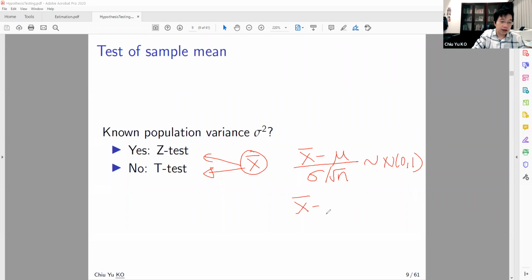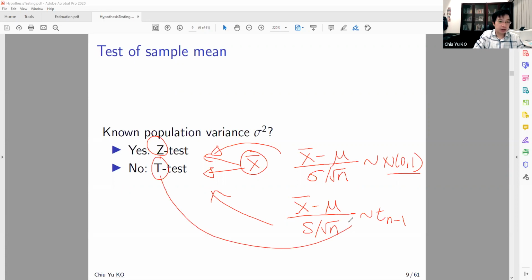But if you don't have any idea, that will follow a t distribution with n minus 1 degrees of freedom. So that will be the t-test. This is called the z-test, okay? The z-test is based on the standard normal. The t-test is based on the Student t, okay?